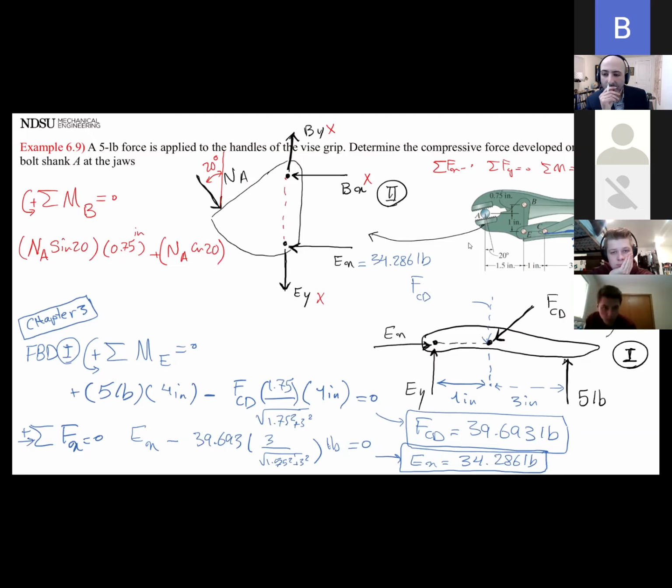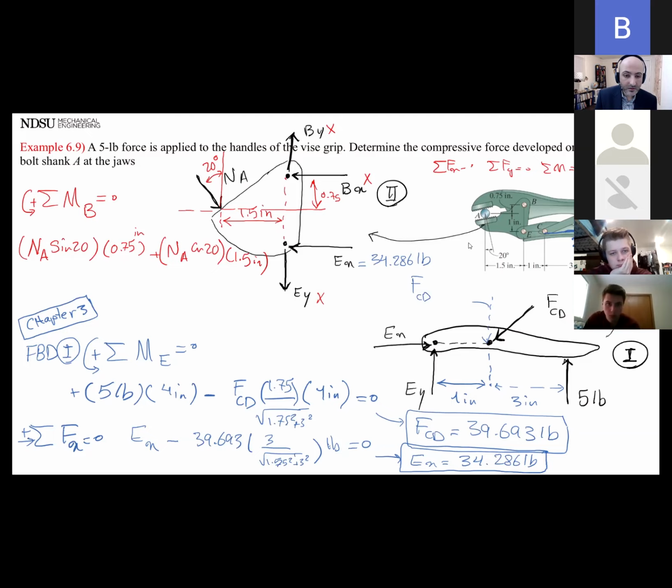1.5 inches. This is the distance that we're looking for, 1.5 inches. The other distance was this one that we were looking for, 0.75. What else do I have?